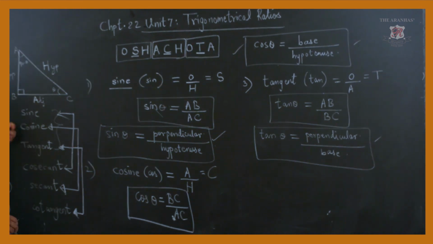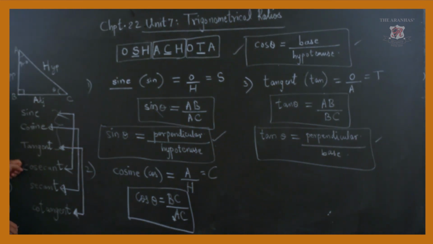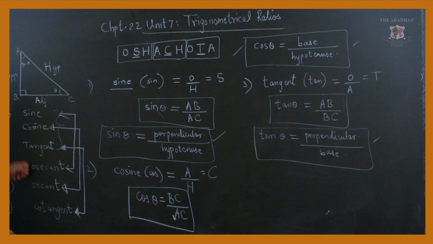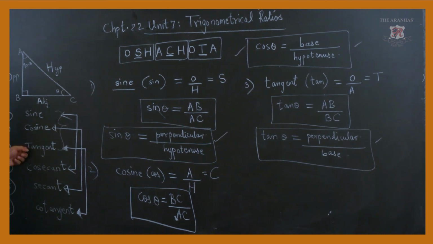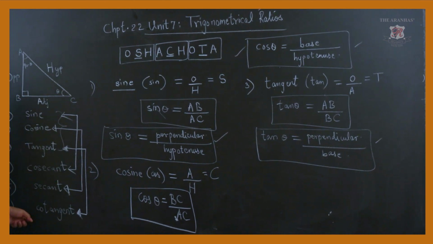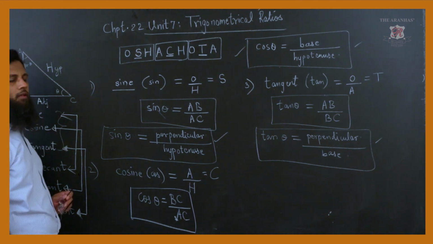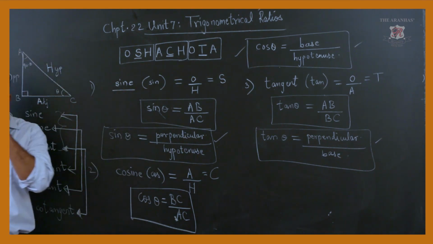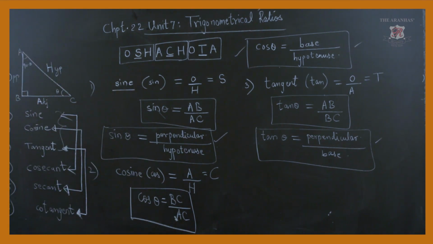Sine is reciprocal of cosecant, cosecant is reciprocal of sine, cosine is reciprocal of secant, secant is reciprocal of cosine, tangent is reciprocal of cotangent, cotangent is reciprocal of tangent. So, I hope that this much part is clear. So, I will erase this and write the formulas quickly over here.